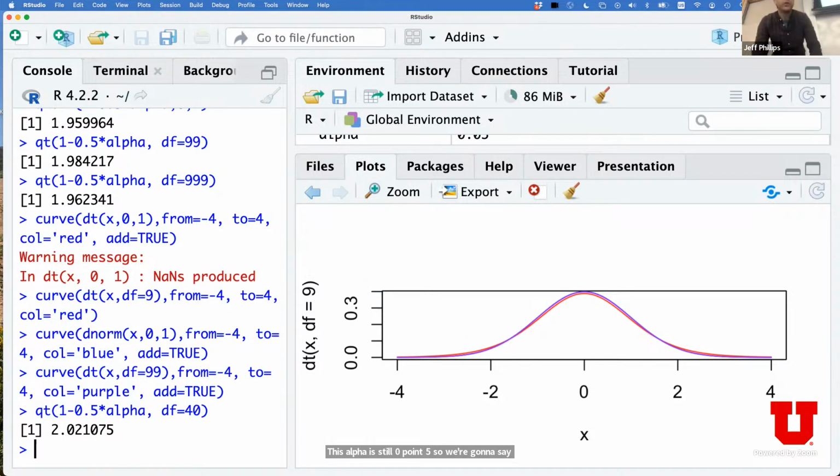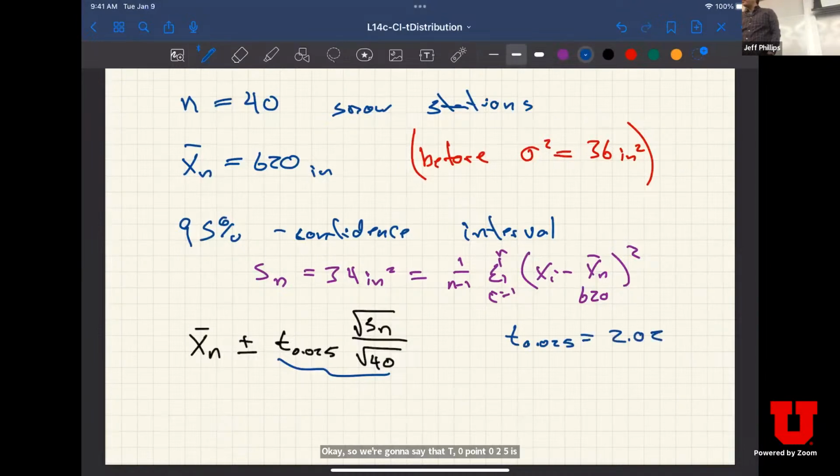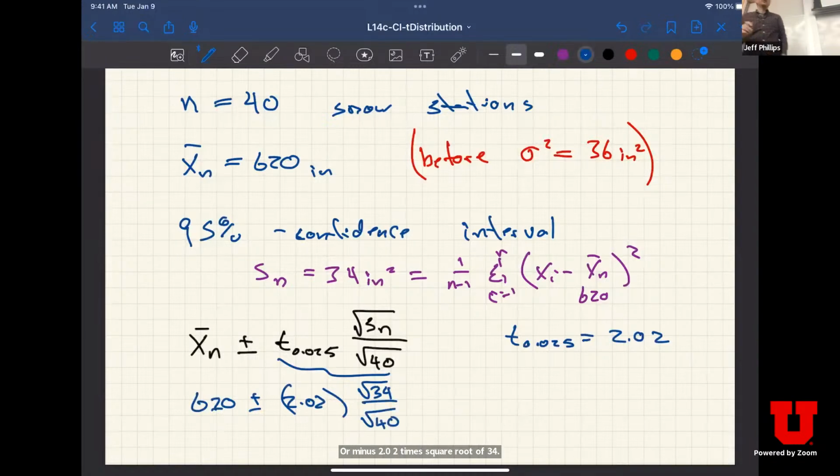So we have 2.02. Okay, so we're going to say that t 0.025 is 2.02. And so then this is equal to 620 plus or minus 2.02 times square root of 34 divided by square root of 40.